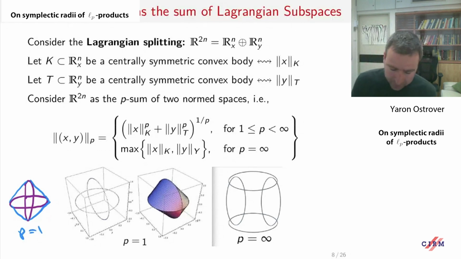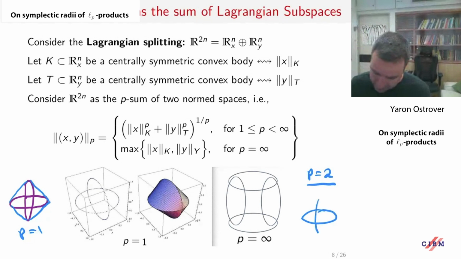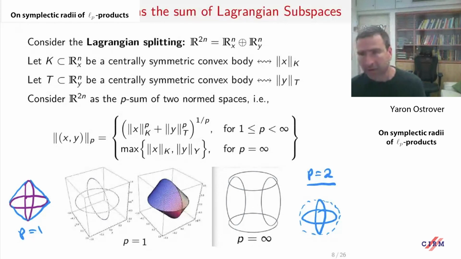A particularly interesting example is the case of p equals 2, because the 2-sum of two ellipsoids is an ellipsoid, right? So if you take an ellipsoid here and another ellipsoid here, then the 2-sum is going to be an ellipsoid. So this is the class of domains that we want to consider.